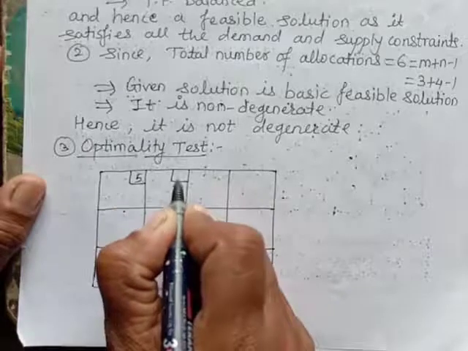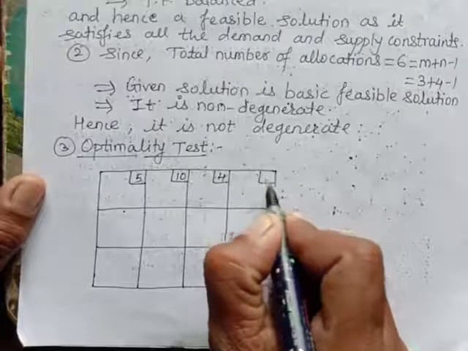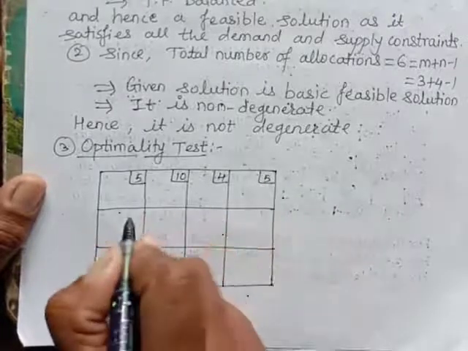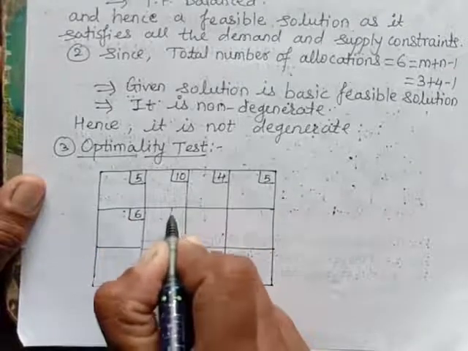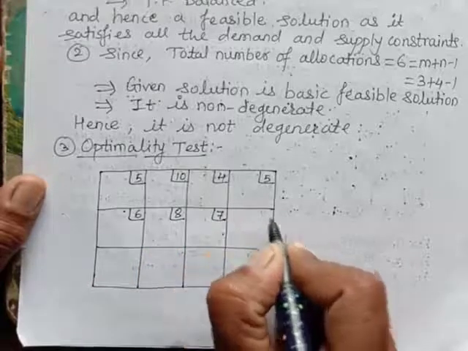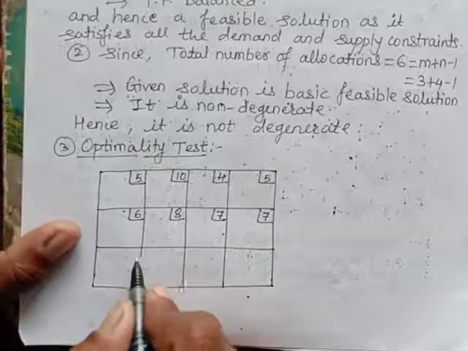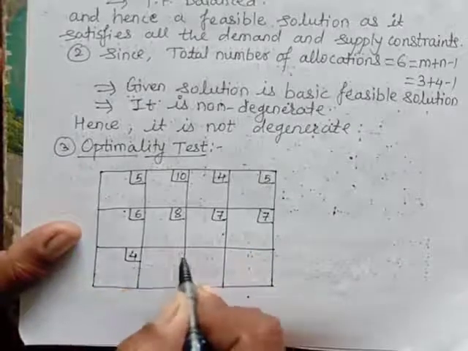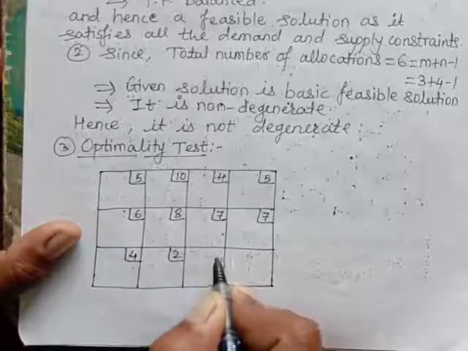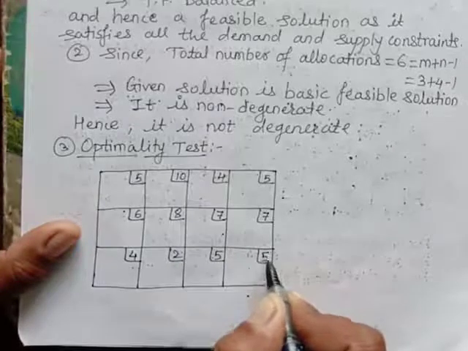The costs are 5, 10, 4, 5, then 6, 8, 7, 7, then 4, 2, 5, 5.